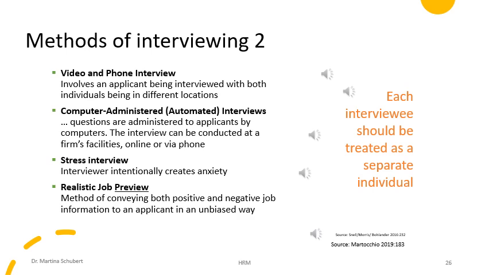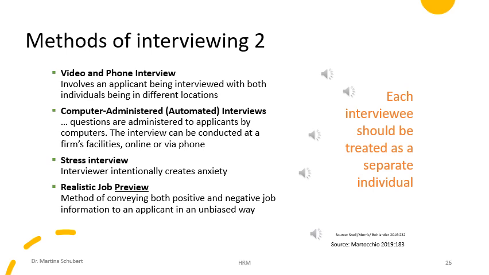Realistic job previews convey both positive and negative job information to the applicant in an unbiased manner. Many applicants have unrealistic expectations about the job they are seeking. They may have been told the exciting part of the job, but the less glamorous areas are not mentioned.